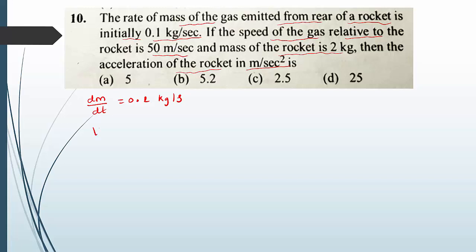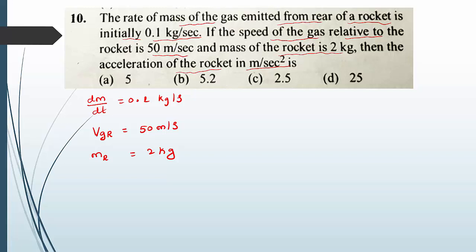Speed of gas relative to the rocket means VGR. What is VGR? Velocity of gas relative to the rocket. VGR equal to, it is given 50 meter per second. Then the mass of the rocket is given. Let us write it as mr. There is no confusion. So the mass of the rocket is 2 kg.